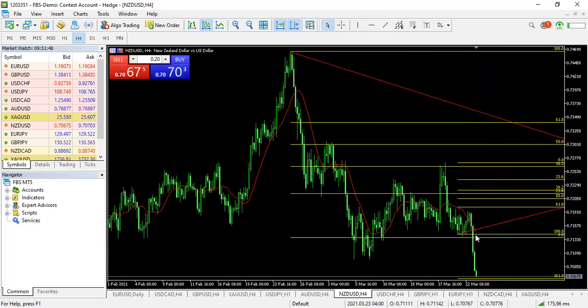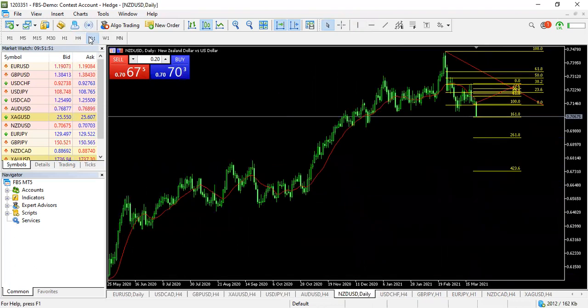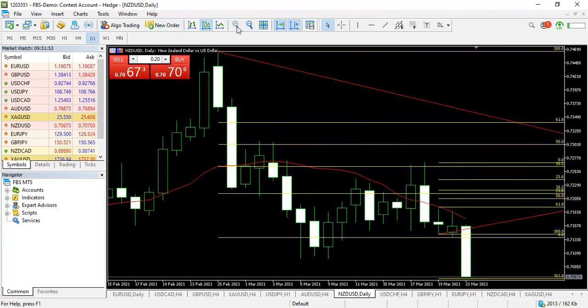So when we go to the daily time frame, we can see that yesterday we had a clear bullish candle for change of direction.